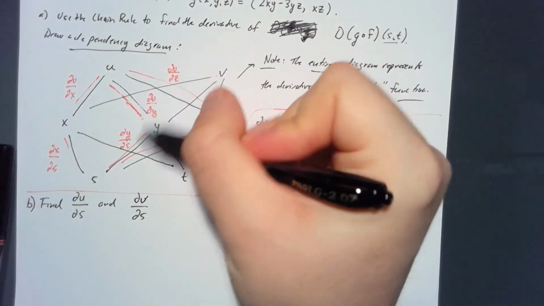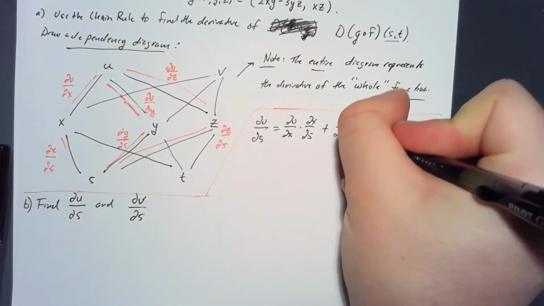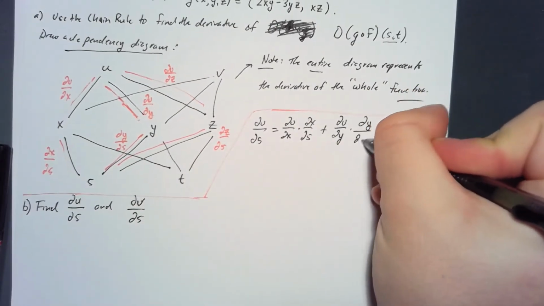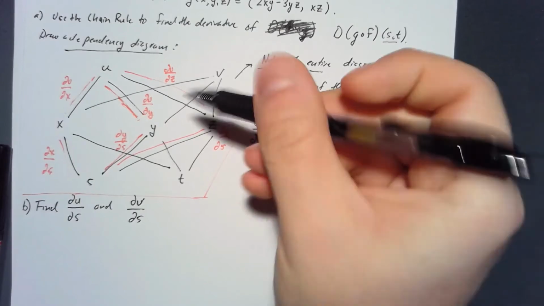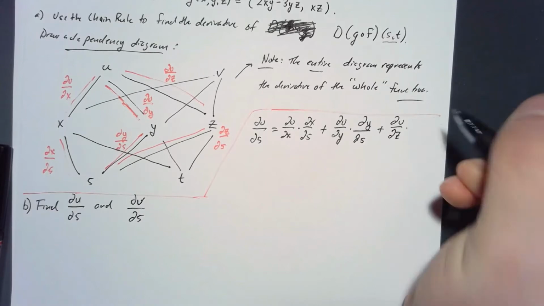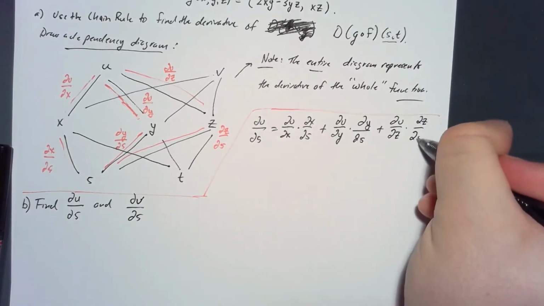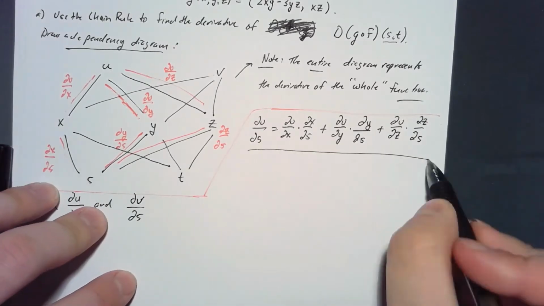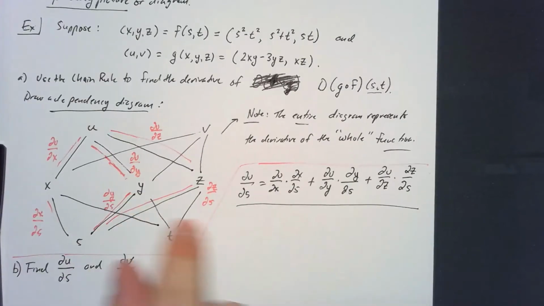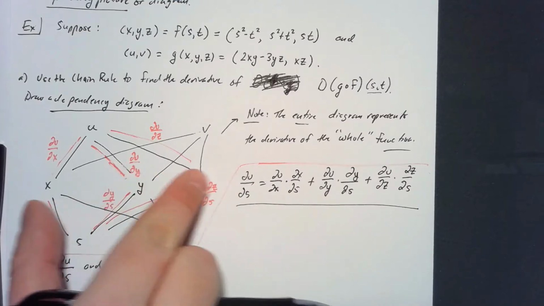Plus the product of the second branch, du/dy times dy/ds, plus du/dz times dz/ds. That right there is how you get the partial of u with respect to s using the chain rule.